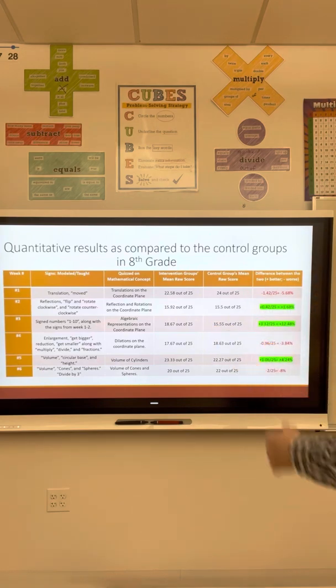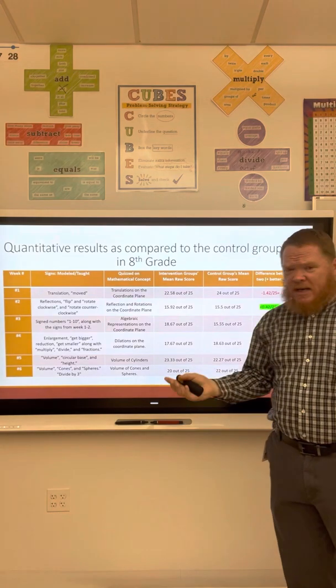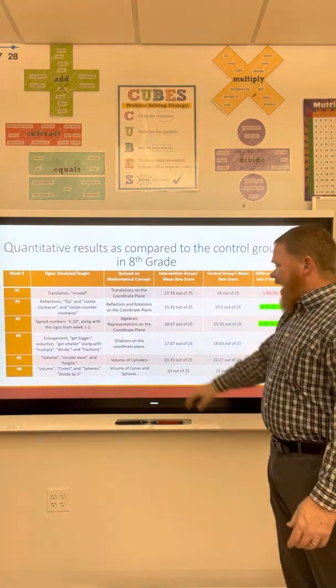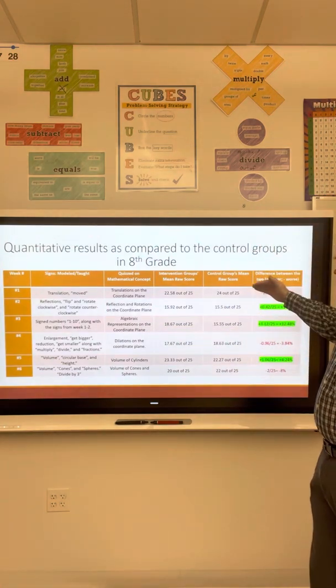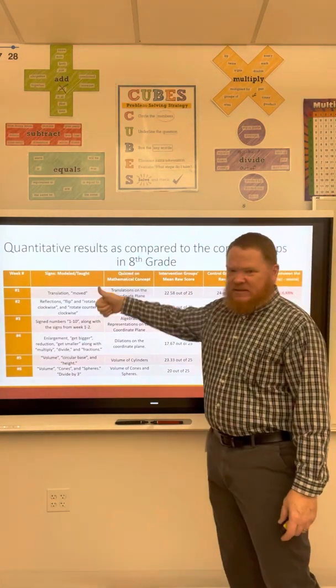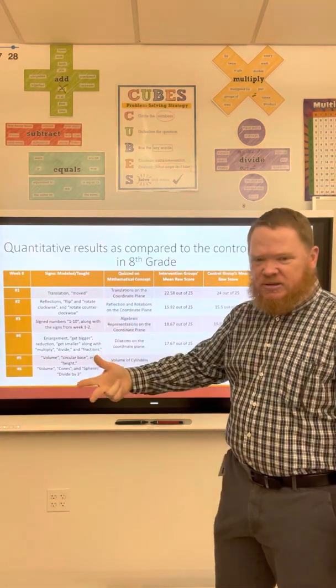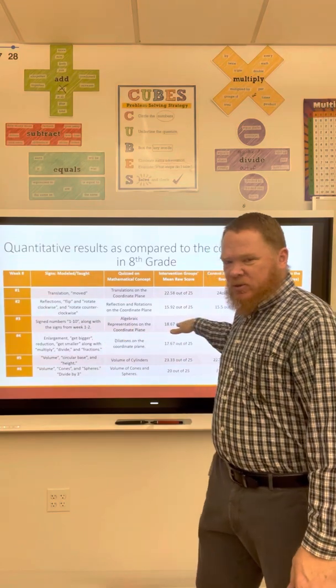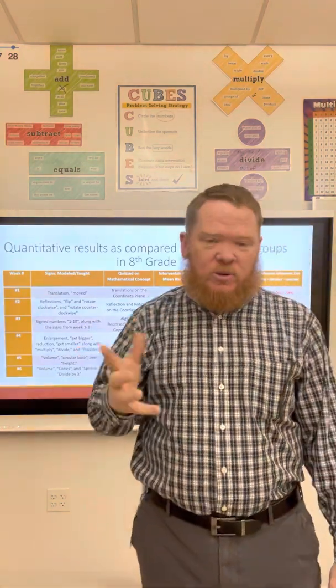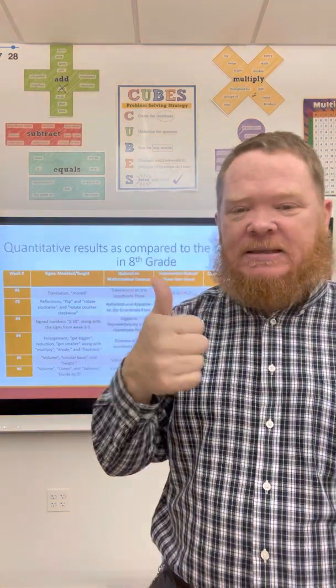Okay, the quantitative data, the most significant out of all this that I've noticed, and surprisingly to me, was the algebraic representations of the coordinate plane. I think what happened was over time we had built upon translations, reflections, rotations, and as we were building at the end with the algebraic representations, I started assigning all the numbers, 1, 2, 3, 4, 5, 6, 7, 8, 9, 10.